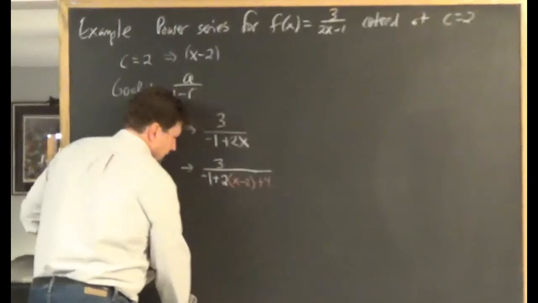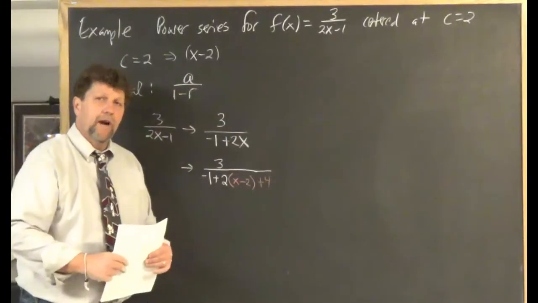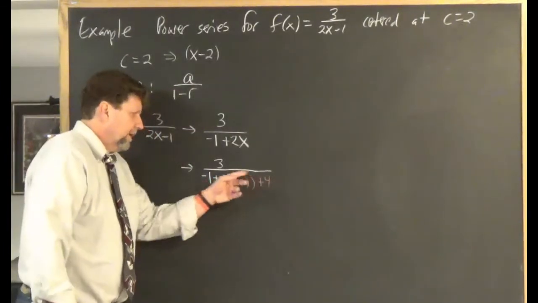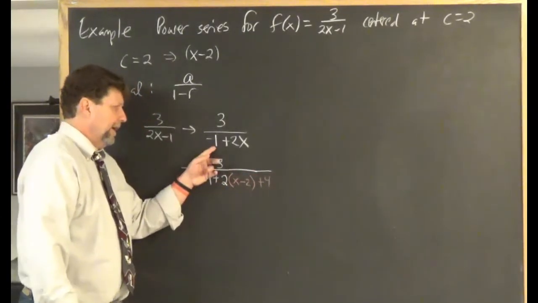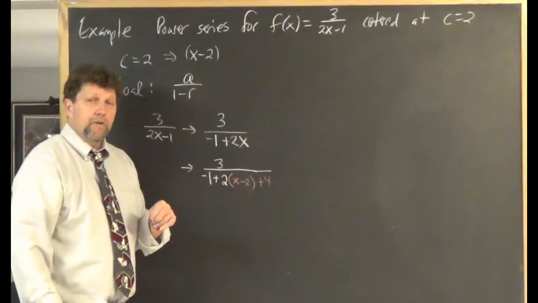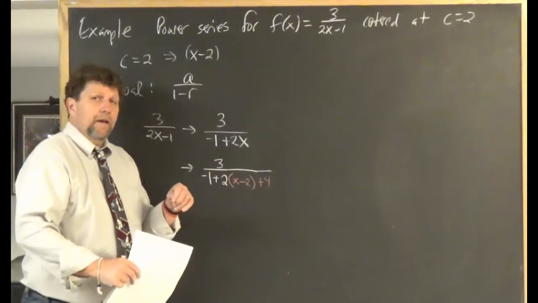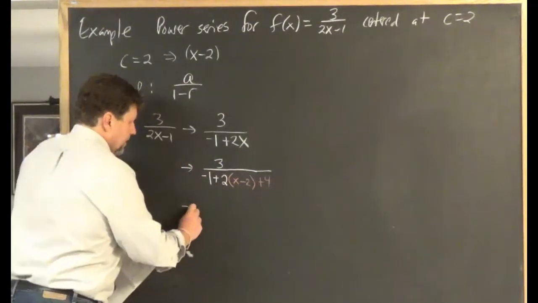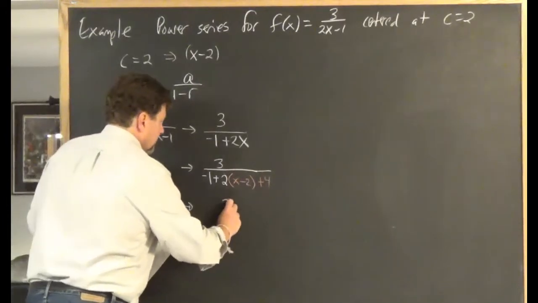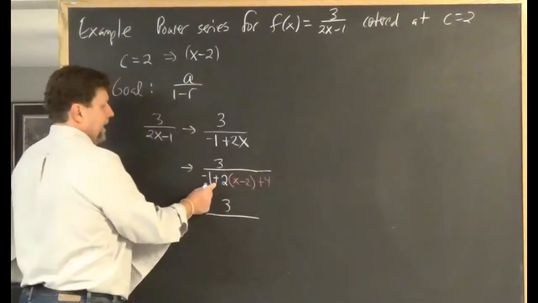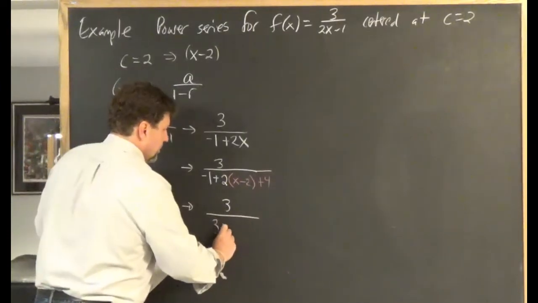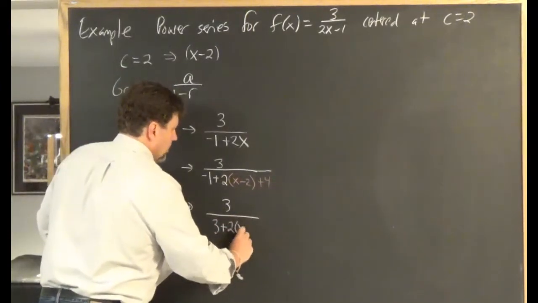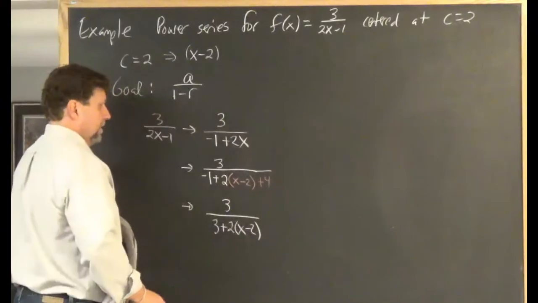If you're thinking that, you'd be absolutely correct. If you clean up this denominator the way it's written right now, you are going to end up with negative 1 plus 2x. So I think we're getting somewhere. See, negative 1 plus 4, well, that's a 3. I think we're getting somewhere.